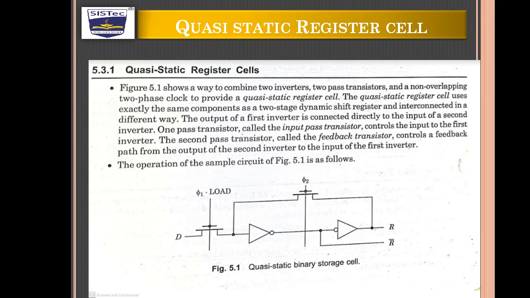In the next topic we see the quasi-static register cell. So what does it mean? In this figure we have a quasi-static binary storage cell. First of all we have to know what a register storage circuit is. Basically there are two types of storage cell used within a sequential digital system.